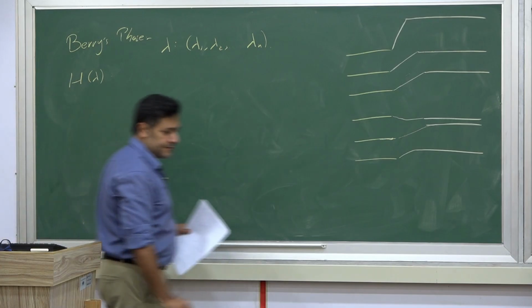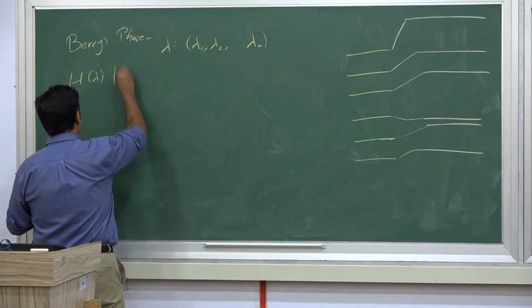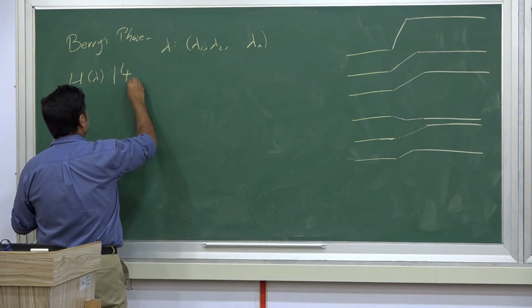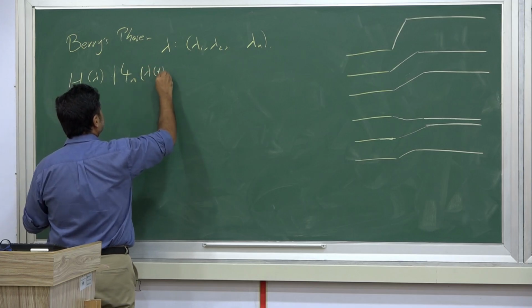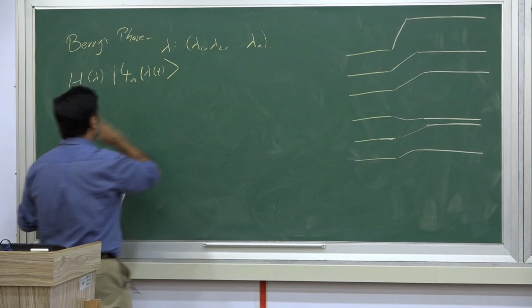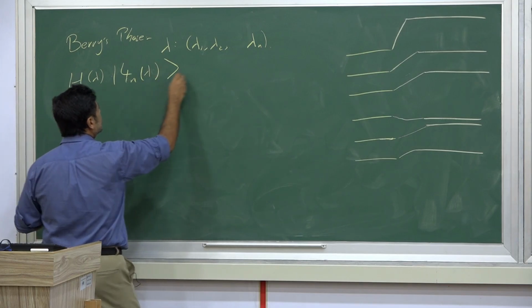So you have this Hamiltonian, and it has its spectrum, which depends on these parameters.